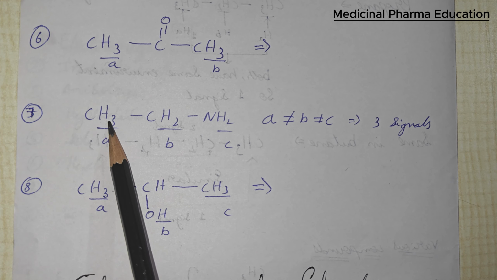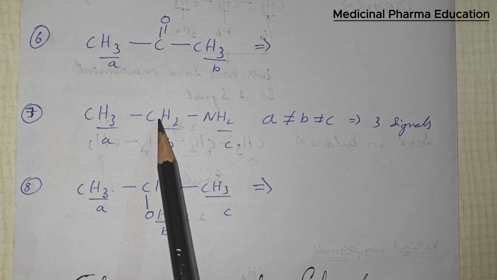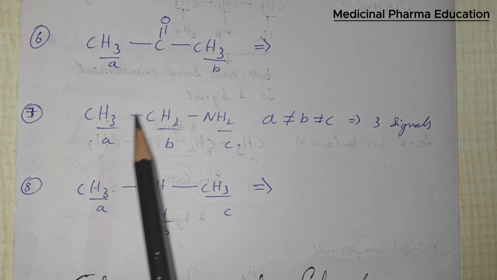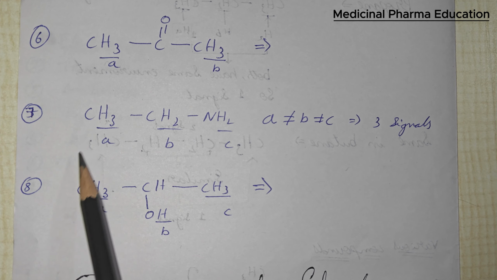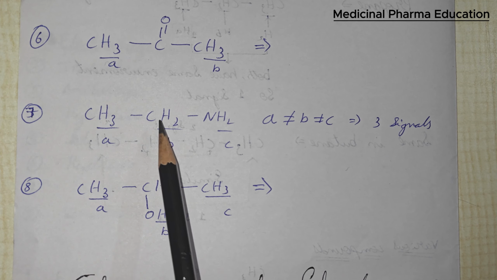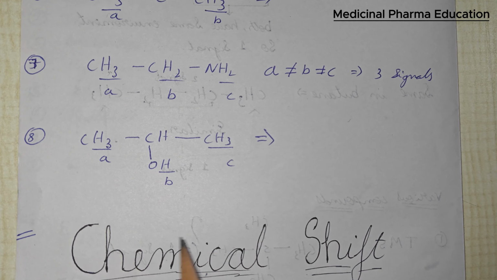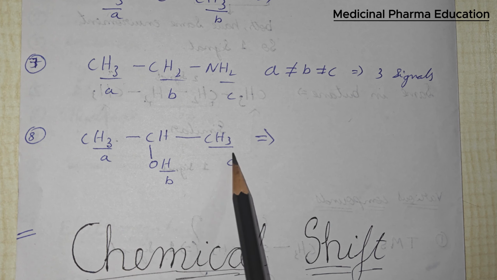This carbon is different from this because its neighboring atom is carbon, but it contains 2 hydrogens. This is different, and here it contains nitrogen and carbon. Here this is very far from the nitrogen, this is very similar, so everything is dissimilar and it contains 3 signals. And tell me this one also, A, B, C, how many signals are there, so that I can understand whether you have understood the topic or not.